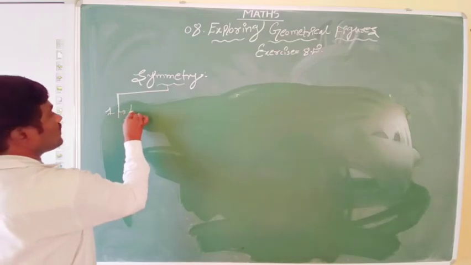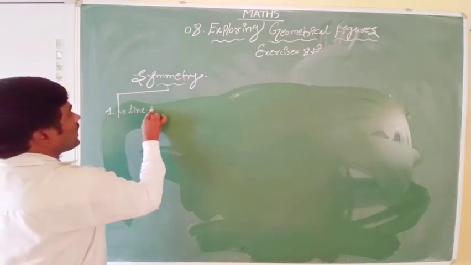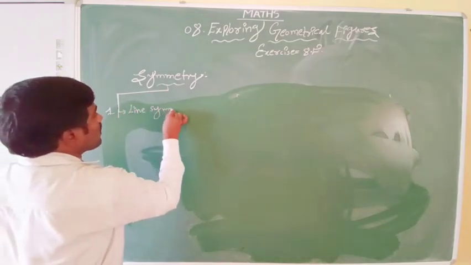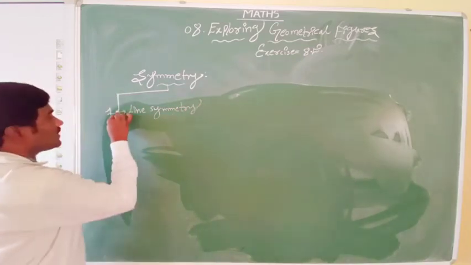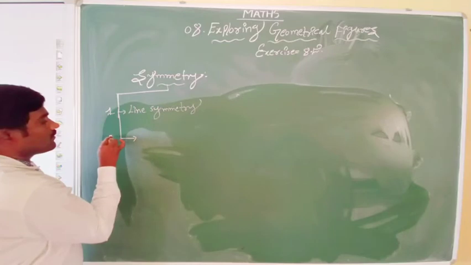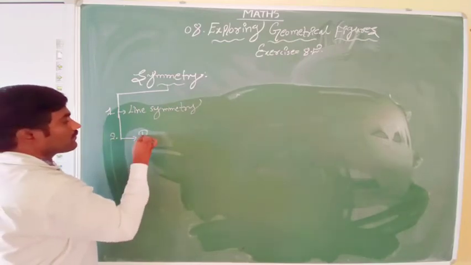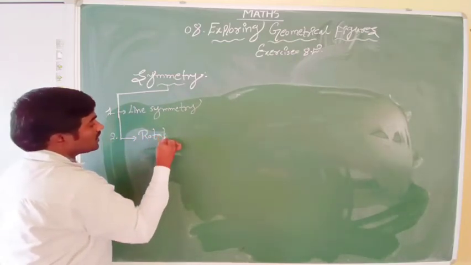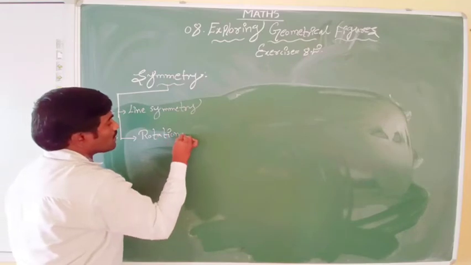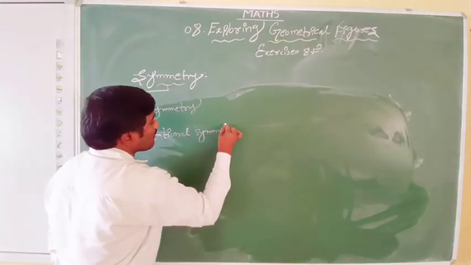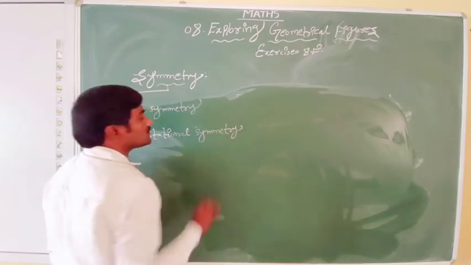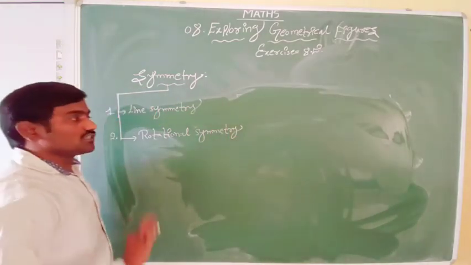The first one is line symmetry. The second one is rotational symmetry. What is rotational symmetry?